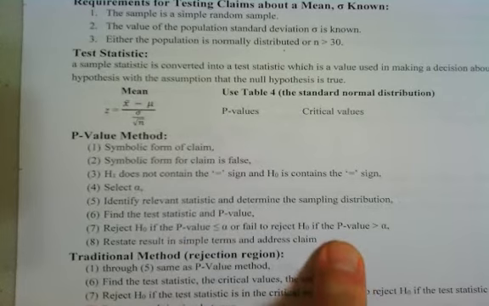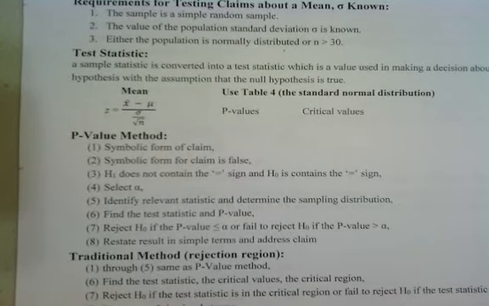On the other hand, if the p-value is bigger than alpha, then its area extends a little bit further towards the middle than alpha does, and therefore we would fail to reject the null hypothesis. And then step 8 is basically, now that we know whether to reject or fail to reject, we restate our results in terms of the claim. We address the claim. And generally it's going to take 1 of 2 forms. Either there is sufficient evidence to support the claim, or there is not sufficient evidence to support the claim.